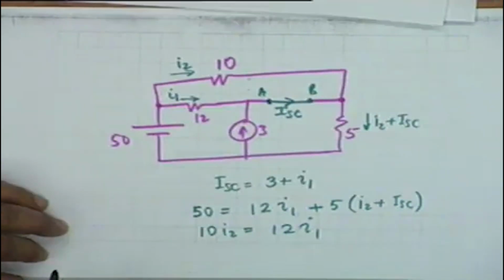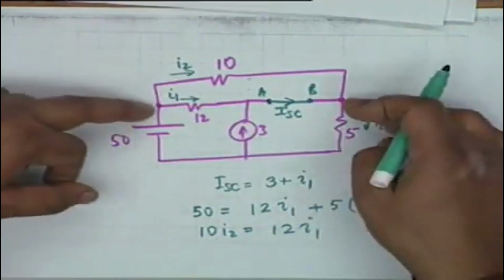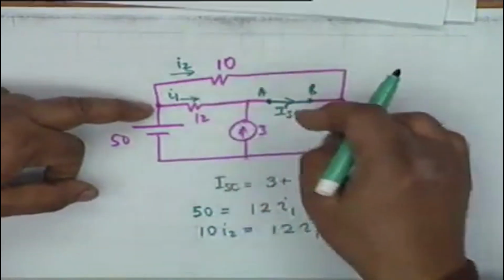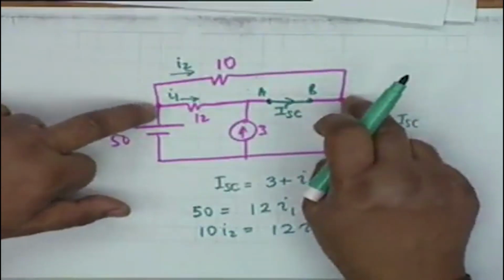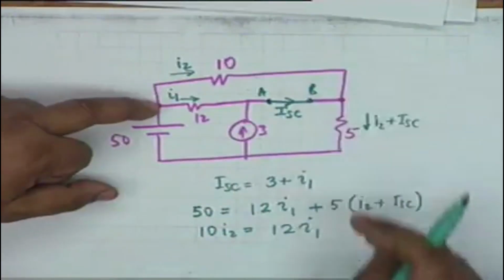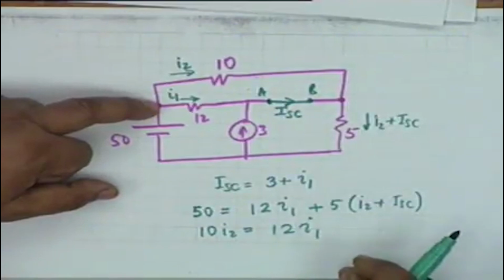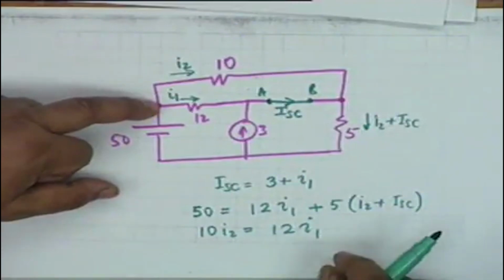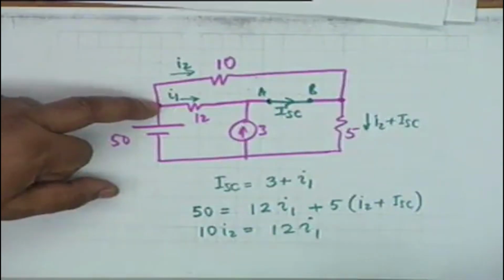Is that easy to see? It's the same difference of potential. Either you apply KVL or you argue like this: these are the same 2 points, and therefore 10 I2 should be equal to 12 I1. Now I will leave the algebra to you. I have done the algebra and I will only give you the final result.